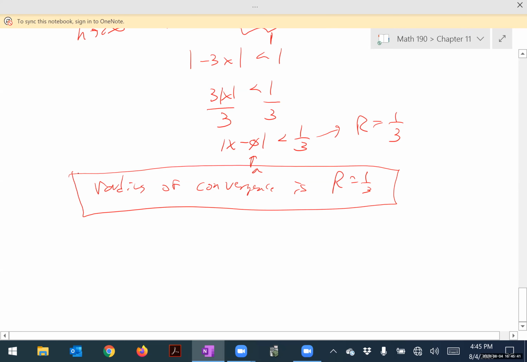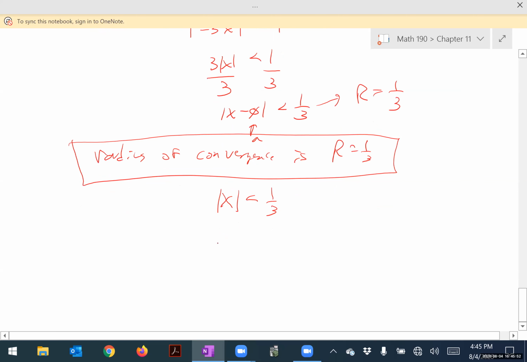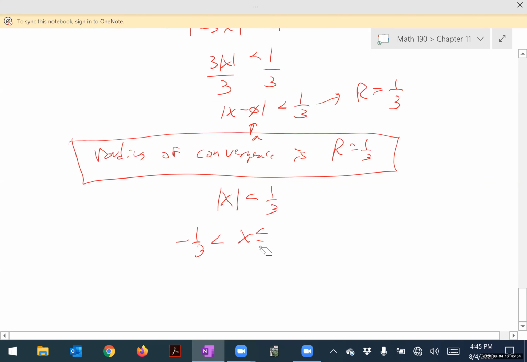And then the second part is, what's the interval of convergence? Well, here I've got to test the endpoints, because it was the absolute value of x is less than 1/3. So this is really negative 1/3 is less than x, which is less than 1/3. The problem is I don't know about the endpoints. So we've got to plug those endpoints in and see what happens.